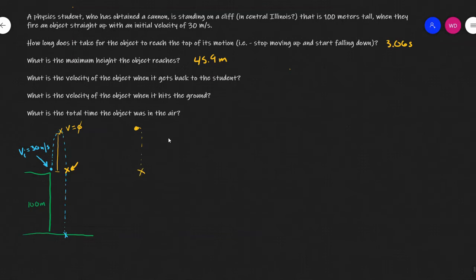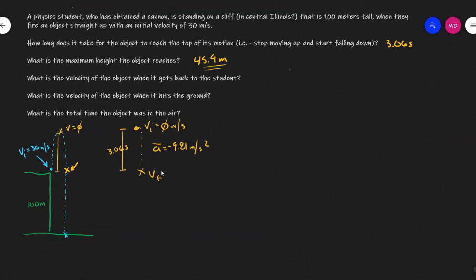We would call V initial 0 meters per second, and this is V final. We always know acceleration, so minus 9.81 meters per second squared. We also know the time, 3.06 seconds to come back down. And if we really wanted to, we could even use the 45.9.